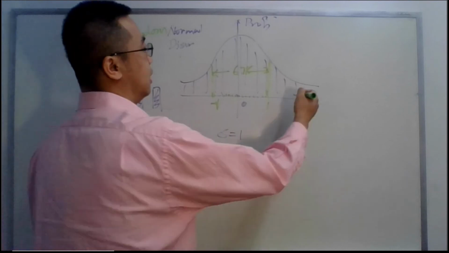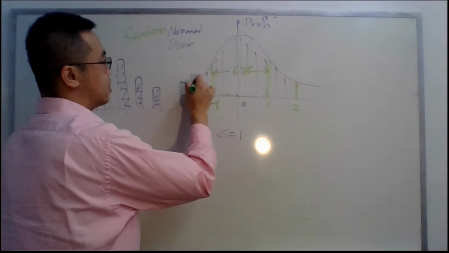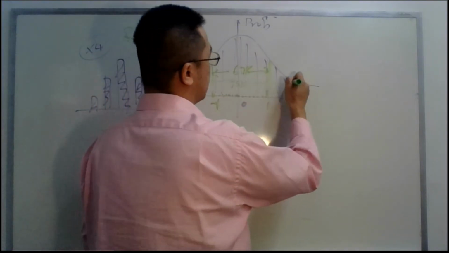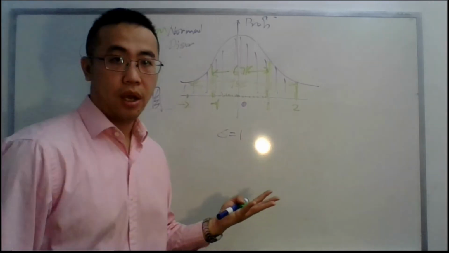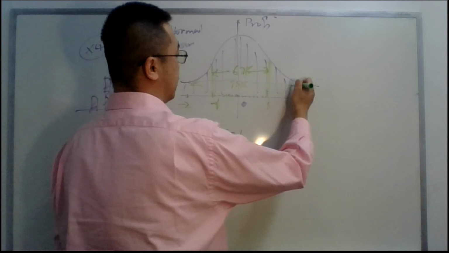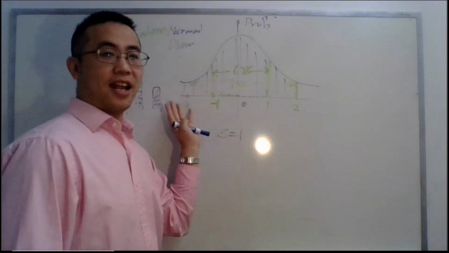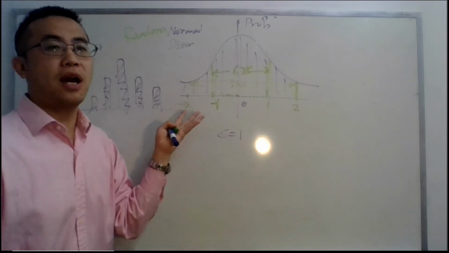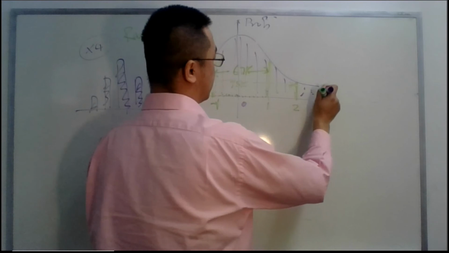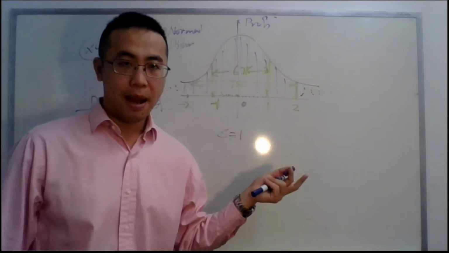And if you do 2 standard deviations, 2 and negative 2, that is going to occupy 95% of your total values. So 95% of your total values will be located between negative 2 and positive 2. So it's very unlikely, only up to 5% likelihood, that the extreme values, above 2 or below negative 2, will happen. So for them to happen is only under 5% probability.